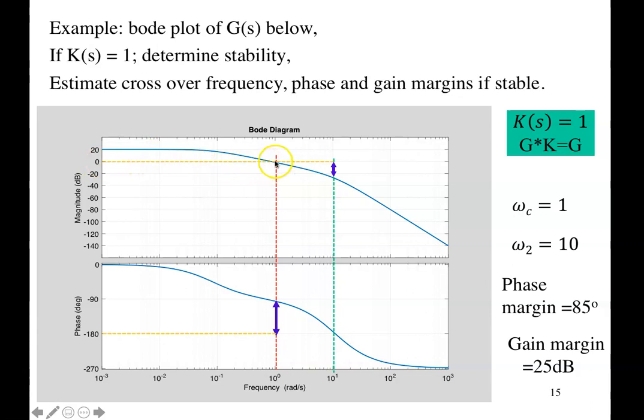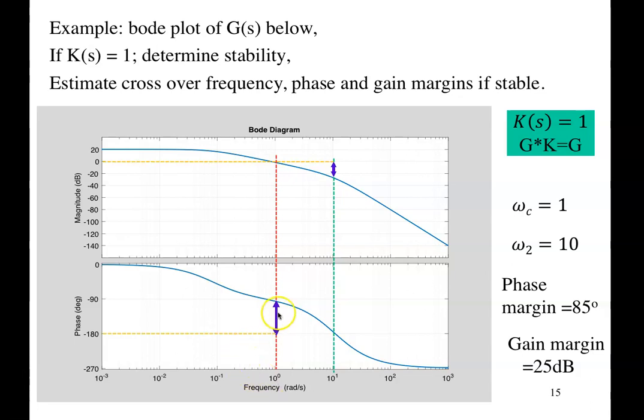This is where it intersects with my magnitude curve. So when it intersects with this, I go down, find the frequency. This is 10 to the power of 0, which is 1. So my omega C is 1, which is the corner frequency. So now I identify the first frequency, the crossover frequency.